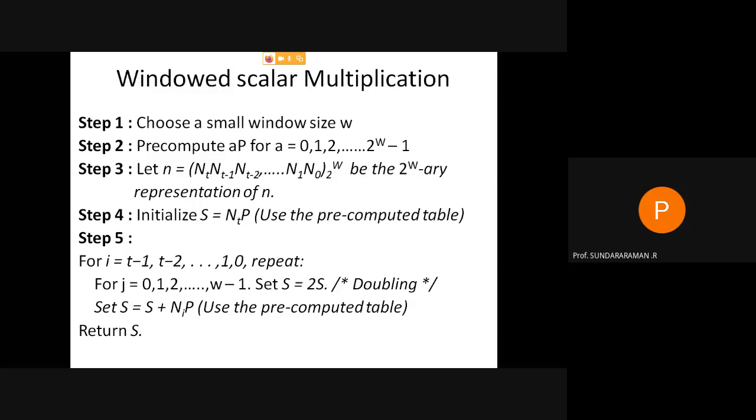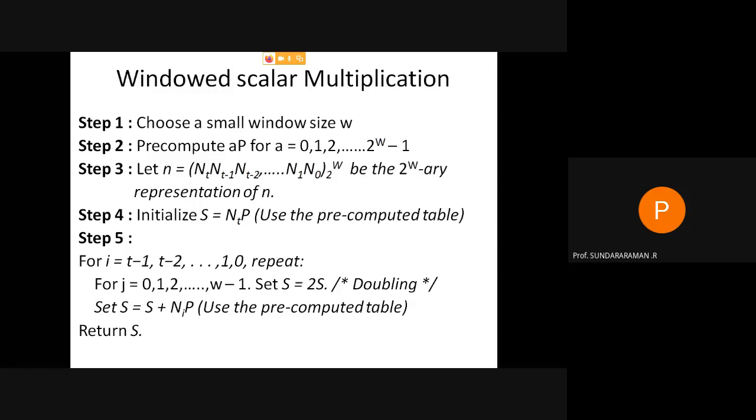After that, we have to add it with n_(t-1), n_(t-2), n_(t-3) till n_0. We have to add it. So that is what is explained in this step 5. So from t minus 1 to 0 number of rounds, what we are going to do? We are going to do first the doubling process, after that the addition process.